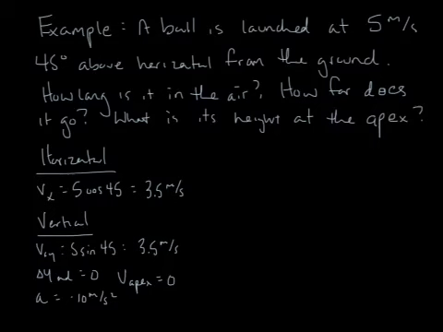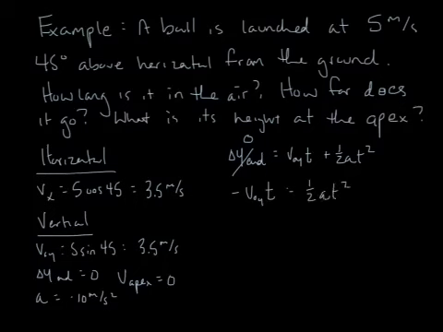Alright, so if we want to figure out how long it's in the air, we can say delta y at the end equals V naught y t plus 1/2 a t squared, and delta y at the end equals 0. So negative V naught y t equals 1/2 a t squared.